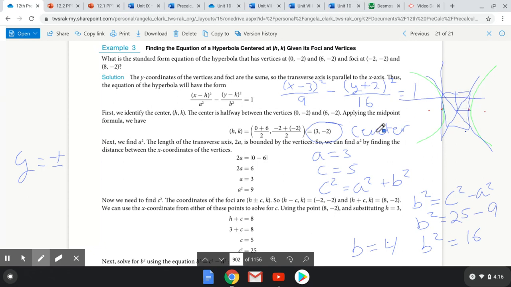Rise over run is b over a in this case, so that's going to be 4 over 3, times x minus h, so that's x minus 3, plus k, which is minus 2. It's kind of sloppy, but these would be the equations of our asymptotes.